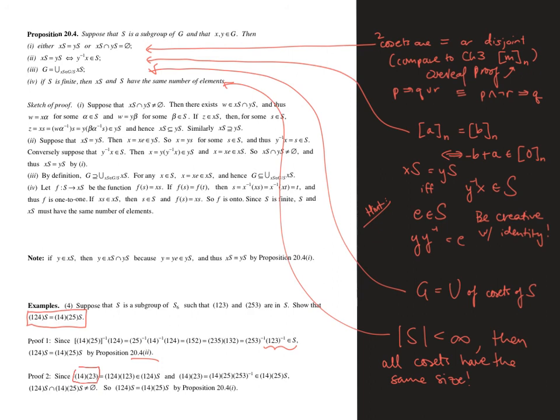So we write it as an element from S, (1 2 3), times the element (1 2 4). Now (1 2 3) is in S because it's (1 3 2) inverse. And (1 2 4) is the thing that we're using to make our coset. Similarly, we write (1 4 2 3) in the other coset that we were working with. So they have an element in common, and Proposition 20.4 says they must be equal.